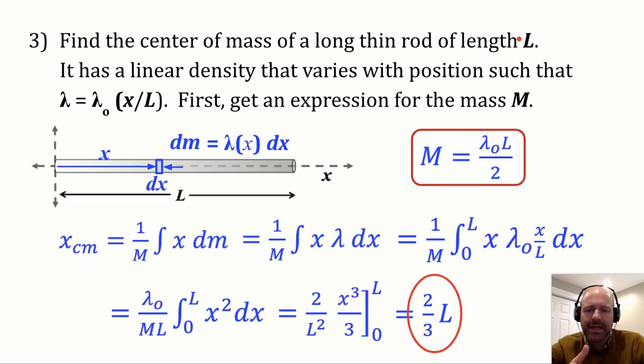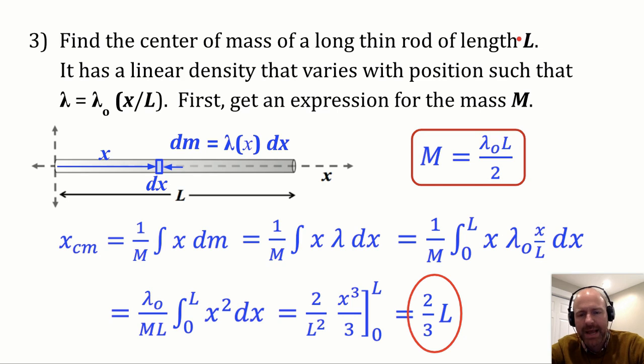There are lots of applications for this, like a column of air actually has a variable density and so on. But for now, we can just use a simple one-dimensional object with a linear density. This is probably more applicable to something like linear charge density, which we'll get to again later, than mass density, but it still works. In this case, the big change, everything else in the setup is the same.